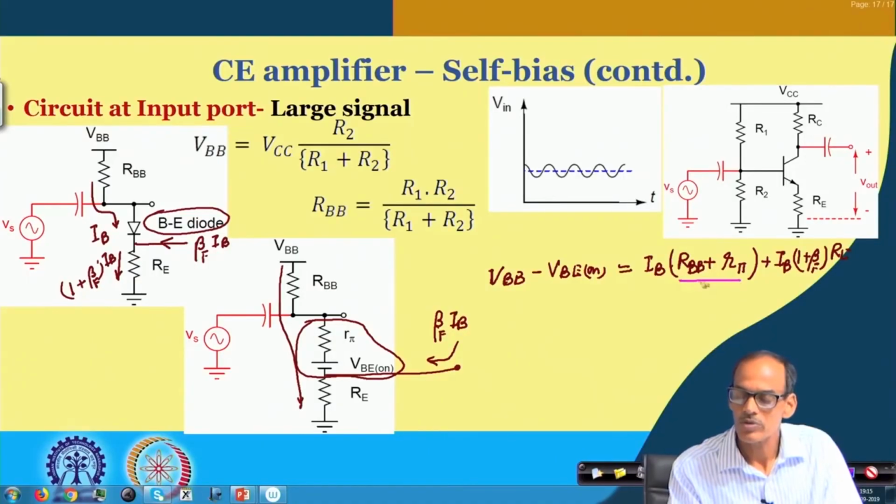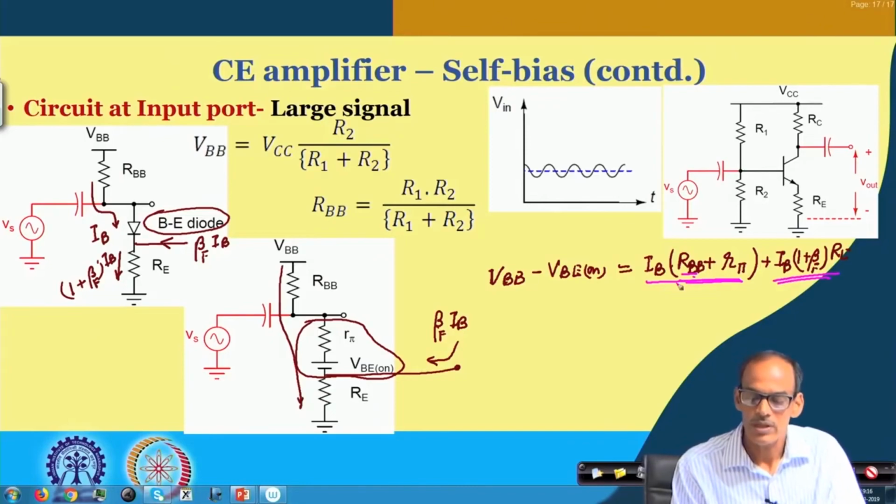We may have to consider this entire portion, but if we consider the drop across these two resistances, since RBB is much smaller than the RE part, then typically compared to this part we may ignore it.